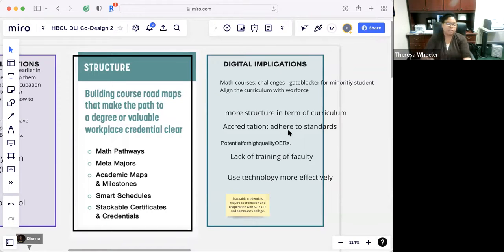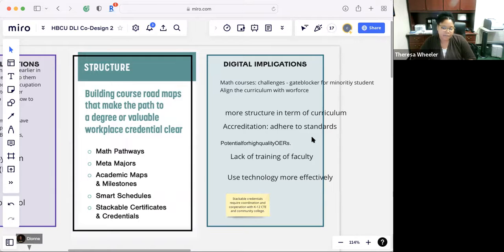One way we looked at more structure in terms of curriculum, which is limiting students' choices, but also having a curriculum that is more related to the workforce. So maybe instead of taking college algebra or making algebra the gatekeeping course, they could take technical math.